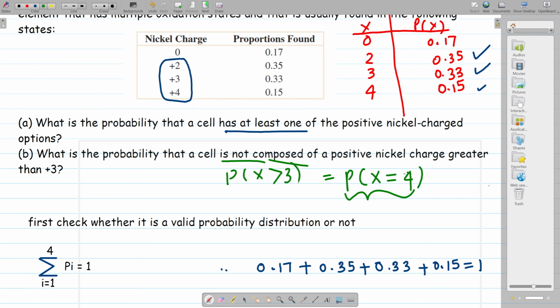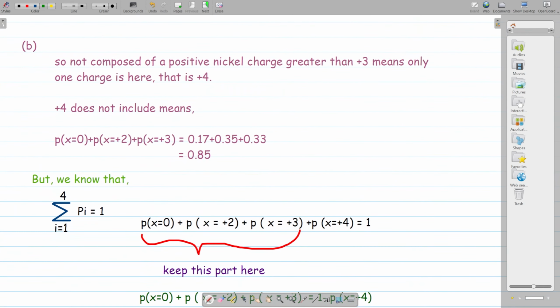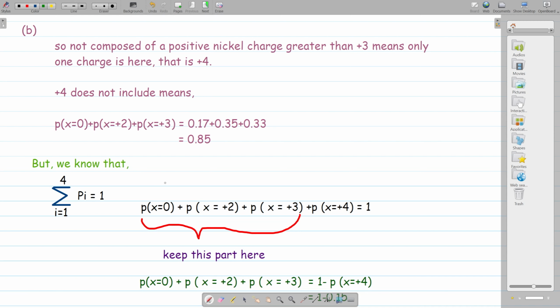Understand? Now, how can we find that? We should add all the probability values without x equal to 4. Again, you know this: we can write it in this format, the extended version of the sum of all the probabilities.